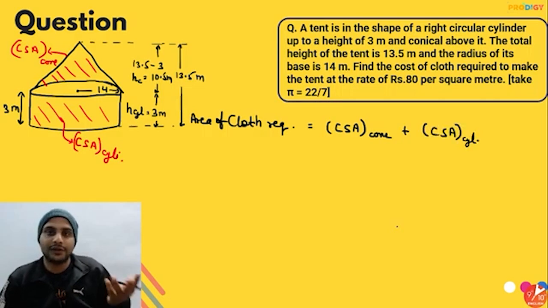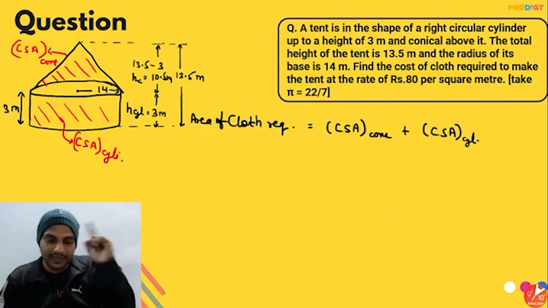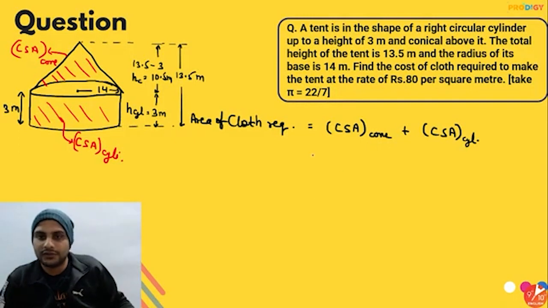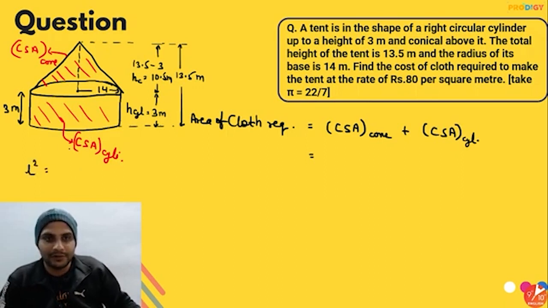I didn't know whether CSA or TSA, but I imagined it and then I got to know CSA of the cylinder plus CSA of the cone. So CSA of the cone will be pi r L. Oh yes, we don't know L, right? We don't know what is L. So first let's find out L for the cone. So L square will be r square, 14 square, plus 10.5 square.